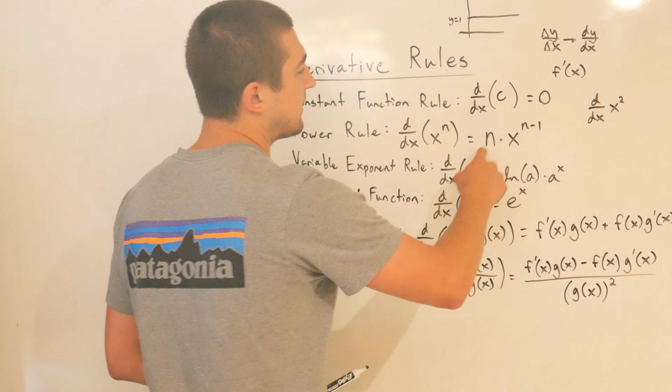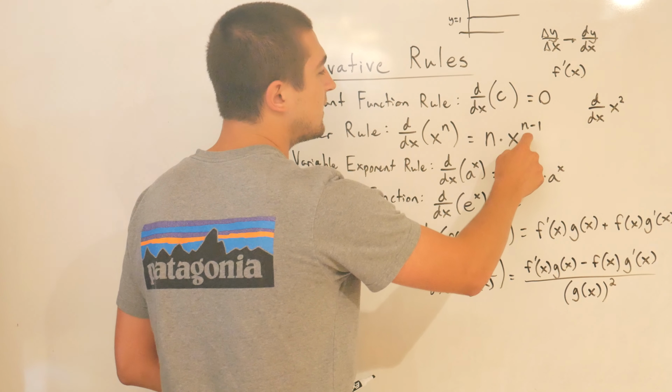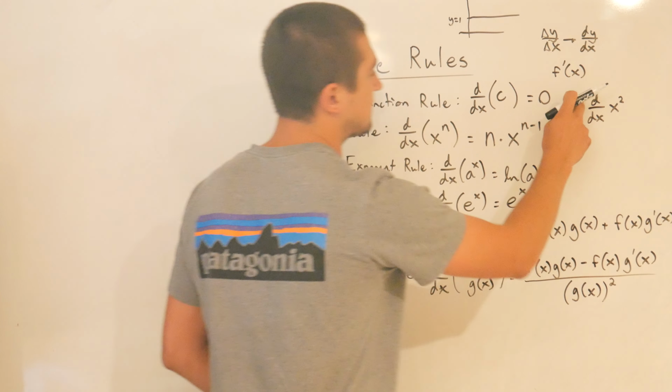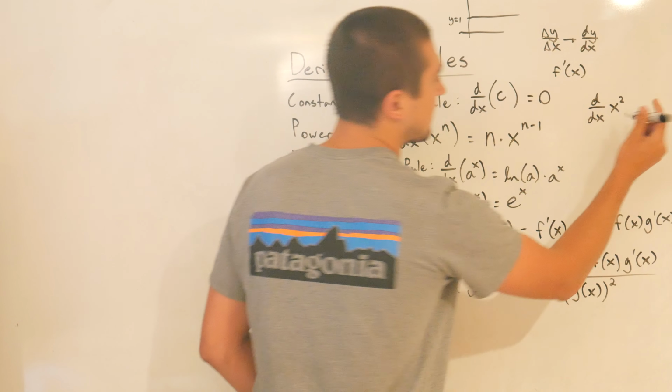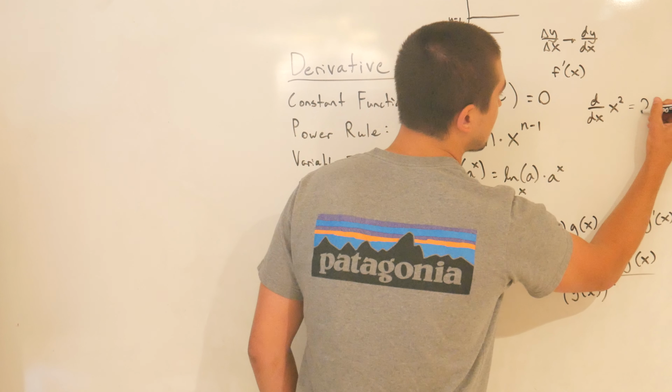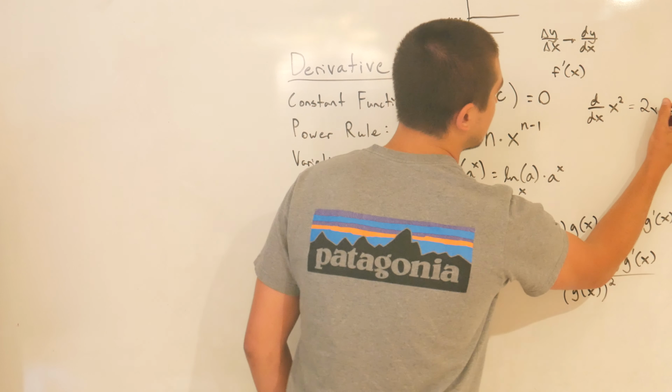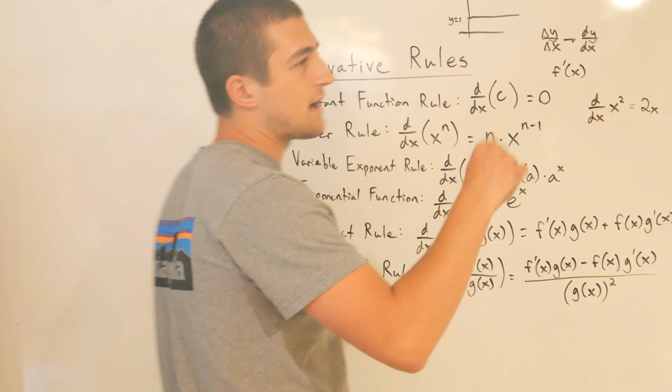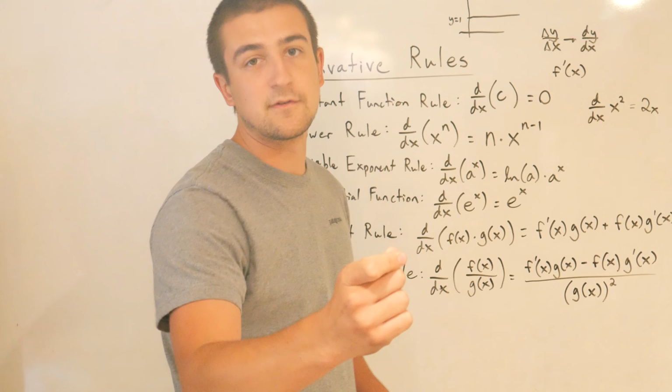So we multiplied the whole thing by 2, and then we had x squared, and we took the 2 in the exponent minus 1, so we got 2x. So the derivative of x squared is just going to be 2x. And that goes for any polynomial. You can check that with the definition of the derivative, but x raised to any power, it's going to be that power times x to that power minus 1.